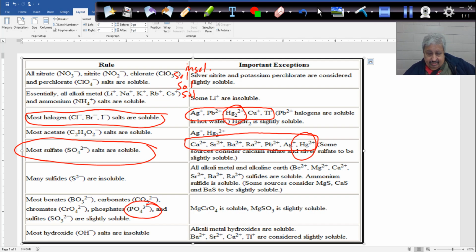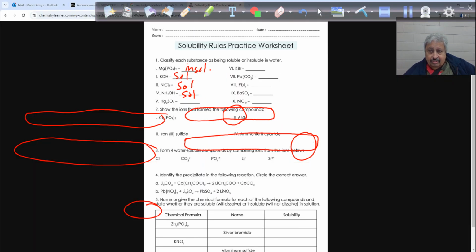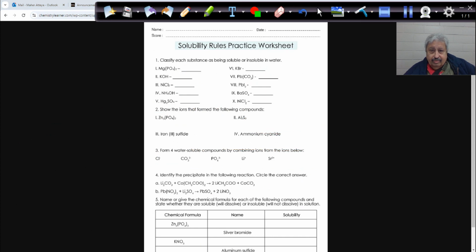So let's look at this. Let's answer this one here, guys. This is not soluble, soluble, soluble. This is mercury 2, correct? Mercury 1, because sulfate is 2. So this is soluble. Mercury 2 is insoluble.